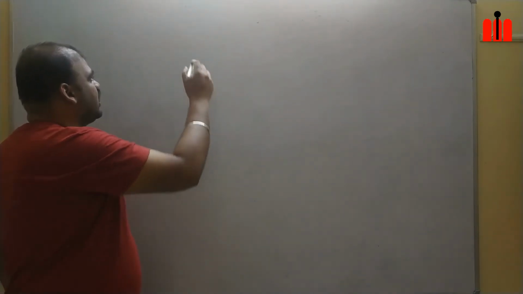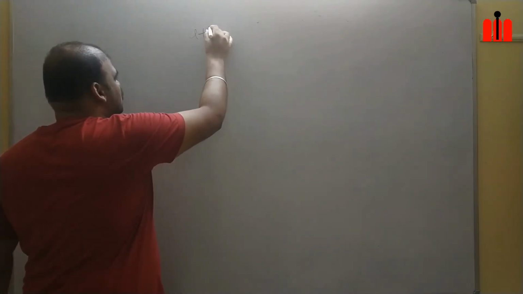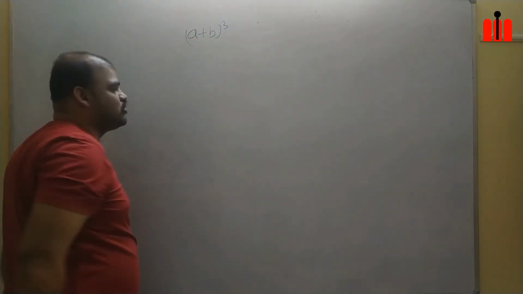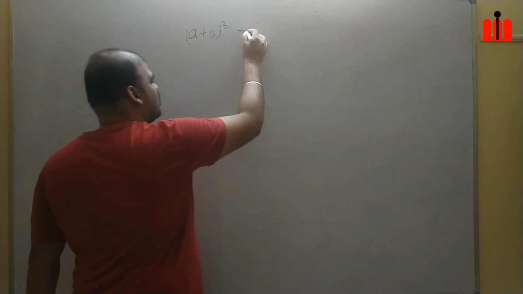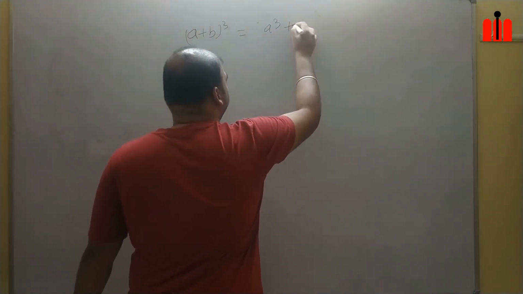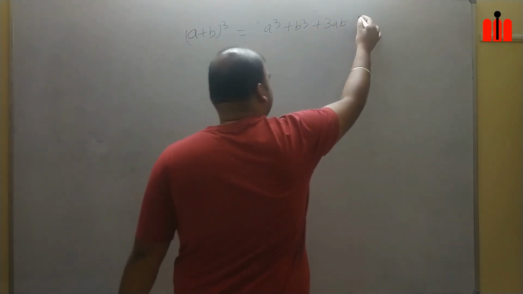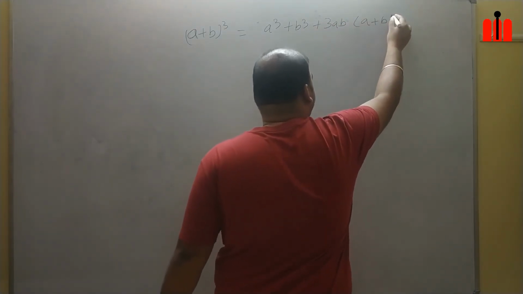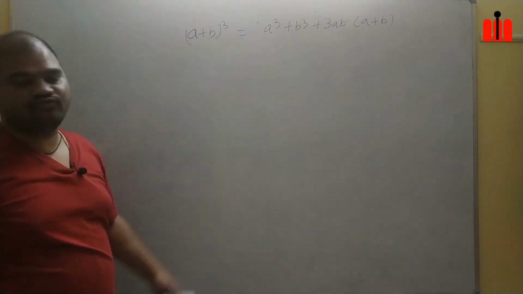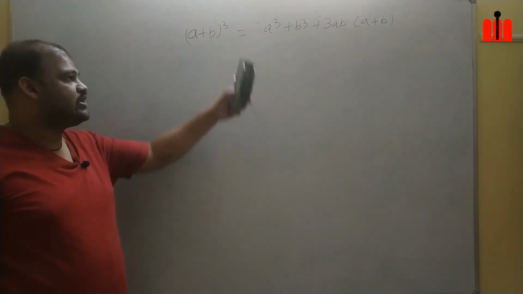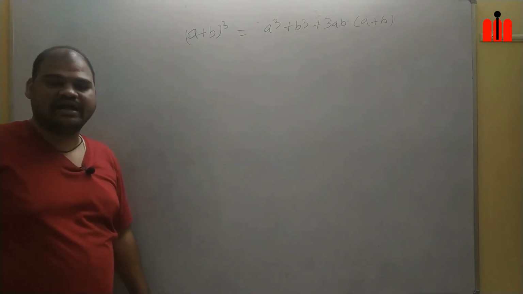If you have a plus b whole cube, you have written the formula as a cube plus b cube plus 3ab bracket a plus b. Now we will see how to get this formula by using Pascal triangle.